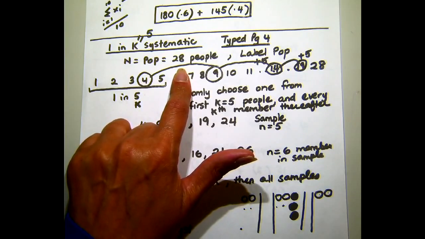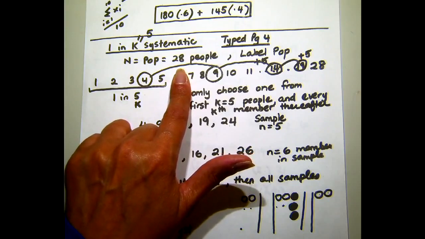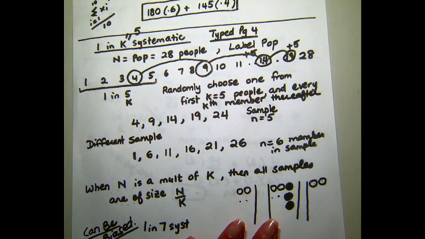If I was doing 1 in 5 systematic sampling, all the samples would have been of size 25 divided by 5, which would have been 5. But since this N of 28 is not a multiple of K equals 5, some will be bigger and some will be smaller. Do you see what I'm saying?